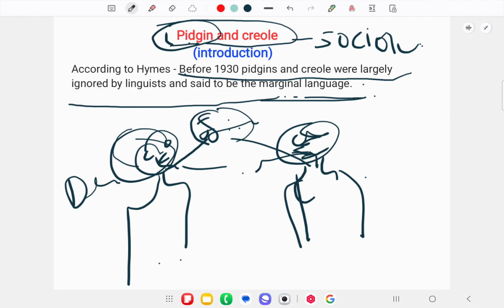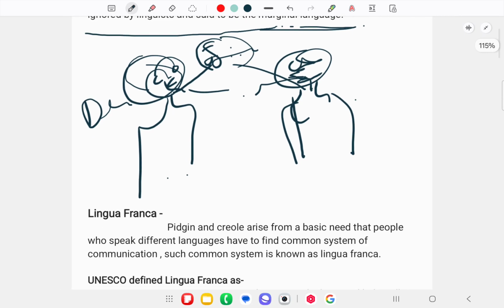It is assumed that the Pidgin language was at first used for business, trade, or contact purposes. It was also supposed that this language was first used by Chinese people for business. Next we talk about the lingua franca.